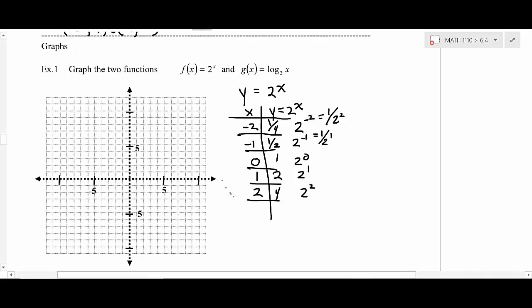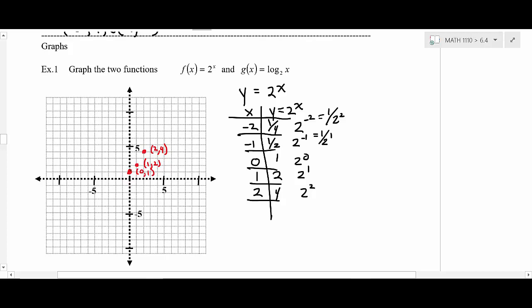So let's go ahead and plot these points. I'm going to start with 0, 1. So 0, 1 is a dot. We have 1, 2, and we have 2, 4. It would be helpful if you labeled those points for what we're going to do. So that's 2, 4, that's 1, 2, and that's 0, 1.